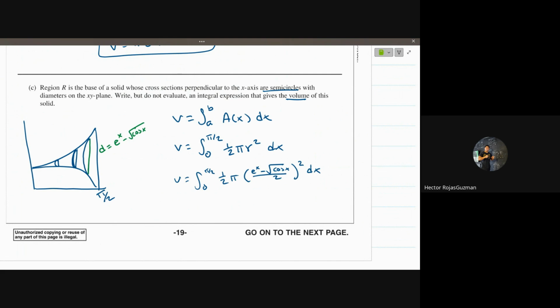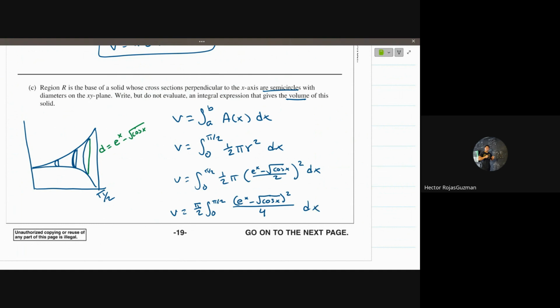And you can go ahead and leave this like that, but you could simplify it a little more. We can take the pi over 2 out of the integral since it's constant. And I don't want to FOIL out the expression that I have in parentheses, but what I can do is square the denominator. 2 to the power of 2 is 4.